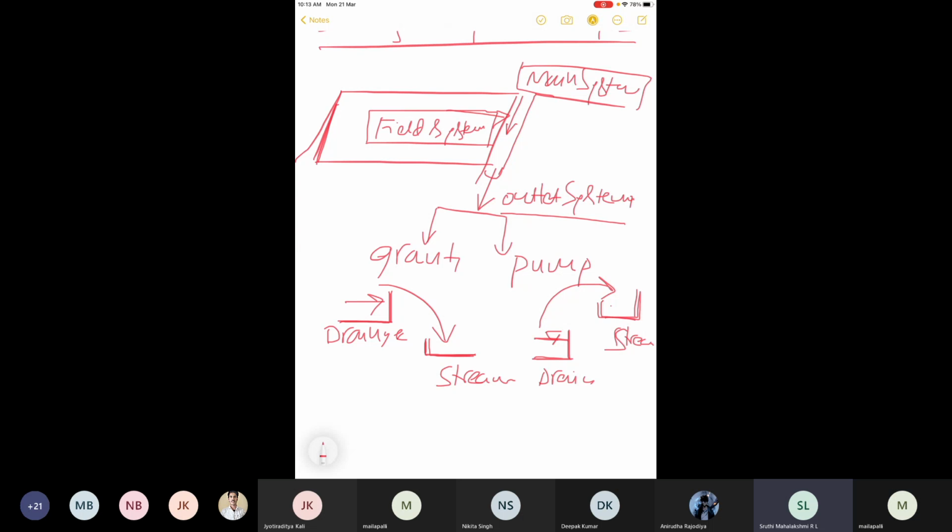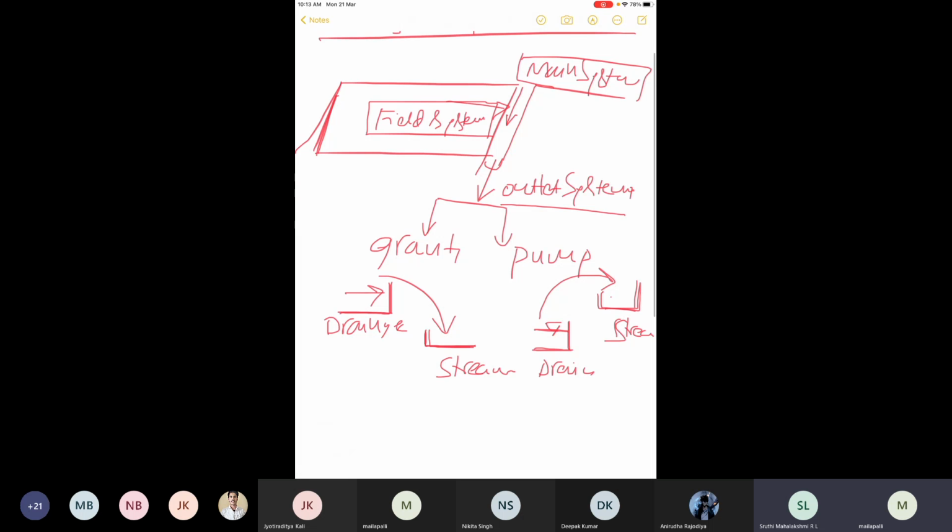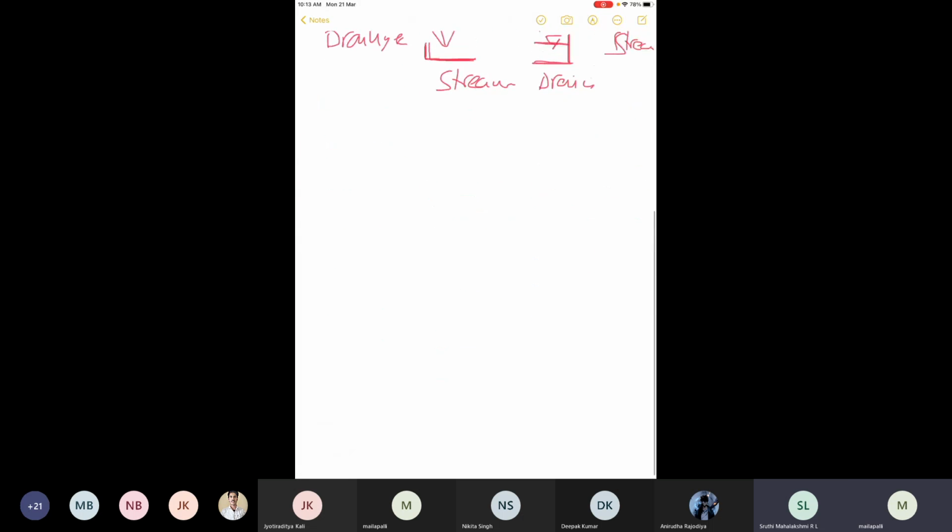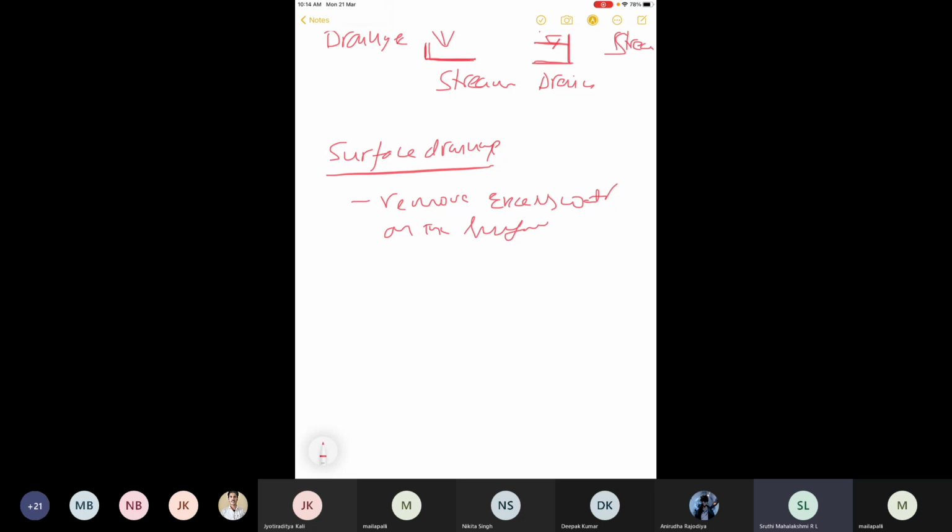Also, we discussed why we have the surface drainage system. What is the use of surface drainage? This system is basically to remove excess water on the surface, and it contains shallow drains.